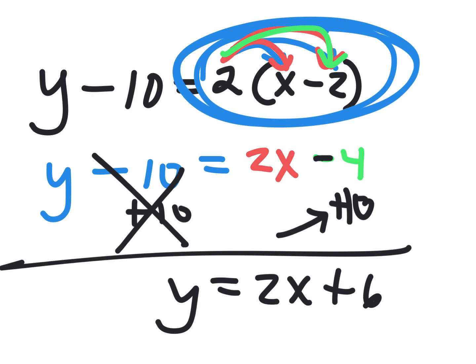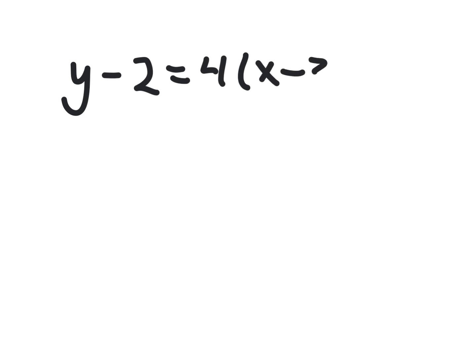All right, so last check. Would you please take this one, write it out, please. What form is that in? Point slope. That's point slope. And make it into the other form. What's the other form?